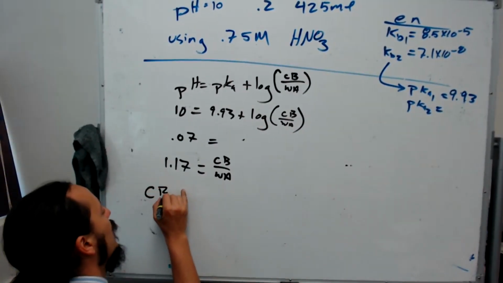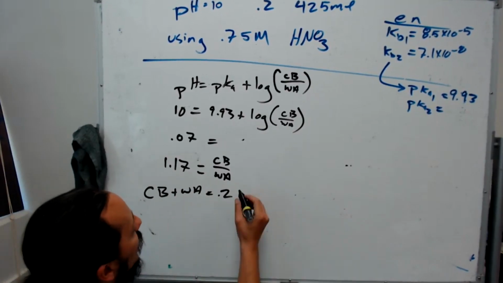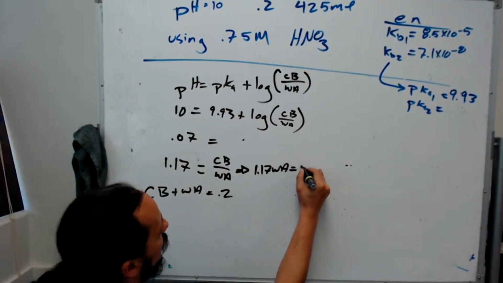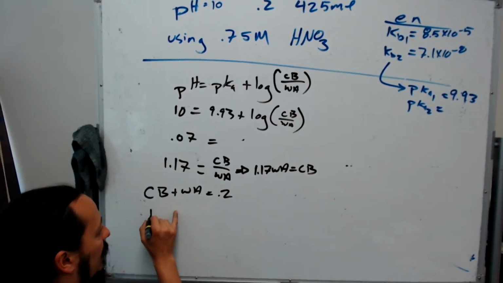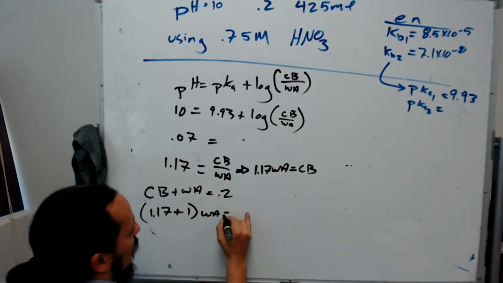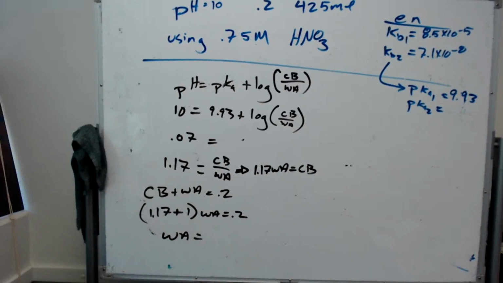We have our second thing that we know. We know that conjugate base plus weak acid equals 0.2. So I can go ahead and do a substitution. I can take this, substitute it in, and I'm going to get 1.17 plus 1 times weak acid equals 0.2. Weak acid is equal to, can I do that in my head, 0.09? 0.0919, 0.092, something like that.